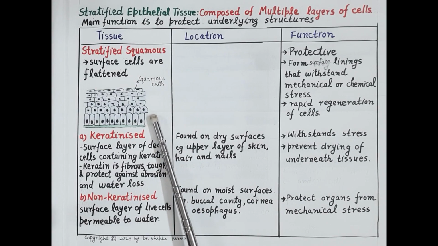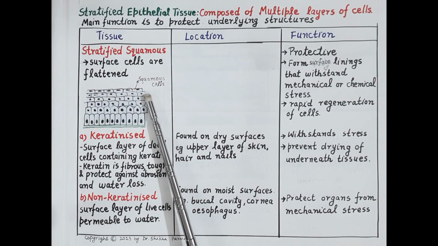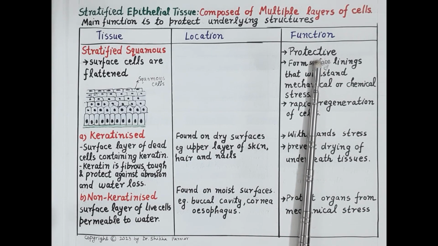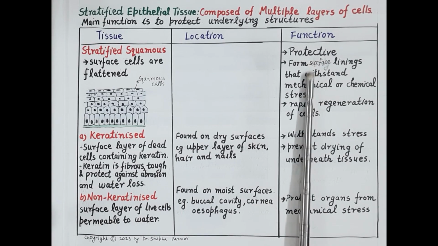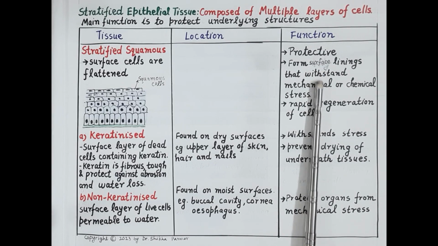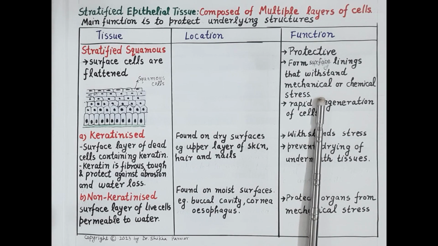So the first type of stratified epithelium is the stratified squamous. As you can see here in the figure, surface cells are flattened and are squamous cells. The main function is protection. So, the main function here is to form a protective surface layer. It protects the areas that are subjected to stress and injuries. It forms the lining of those surface areas that withstand mechanical or chemical stress.